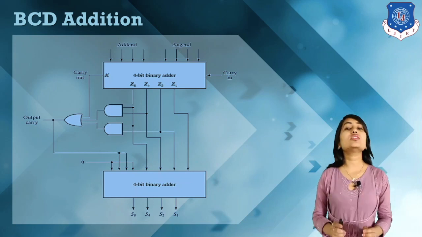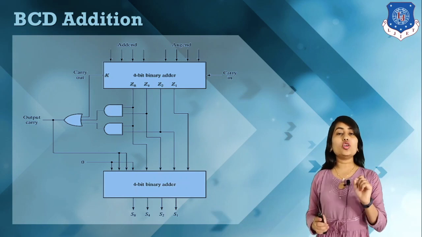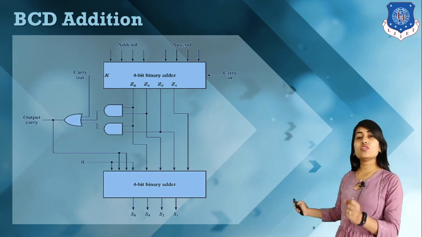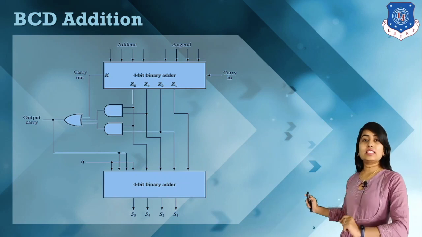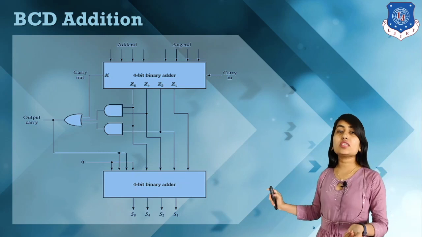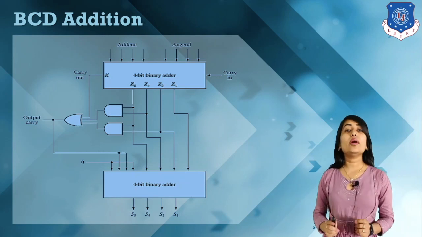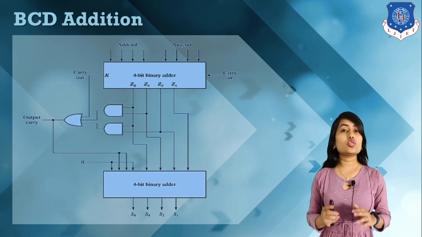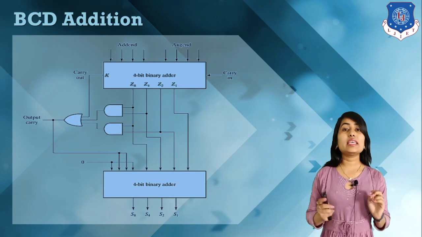This is how a BCD adder works. Whenever we have an invalid code, this logic adds 0110 to the binary sum, and if we have a valid BCD code, it adds 0000 to our binary sum. So it results in our correct BCD sum. This is how a BCD adder works.